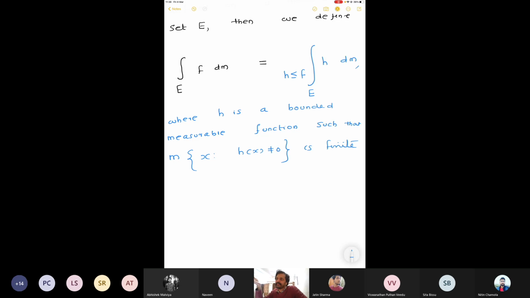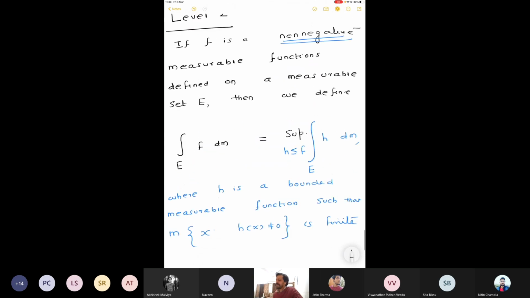E may be of infinite measure, but we are worried about only those points where h of x is non-zero. That is of finite measure. So again, you can integrate h over E, and do it for each h less than or equal to f. That will give you underestimates, because h is less than or equal to f. Now what will you take? You will take the supremum. That's it. That's the definition Lebesgue gave.